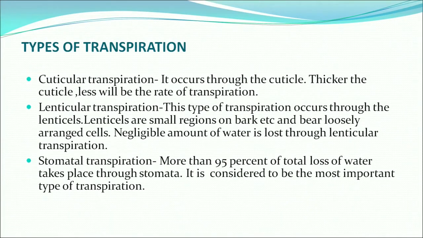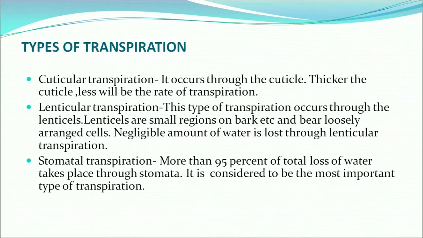Lenticels are small regions on the bark that bear loosely arranged cells. A negligible amount of water is lost through lenticular transpiration. So cuticular and lenticular transpiration, in comparison with stomatal transpiration, lose less water.